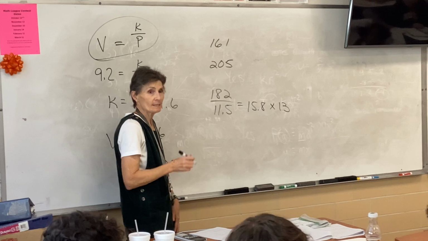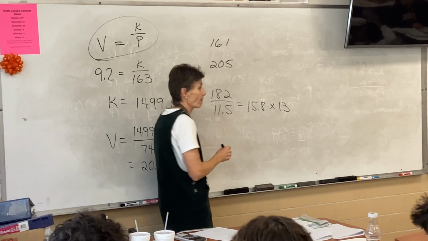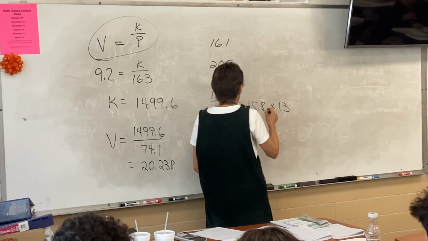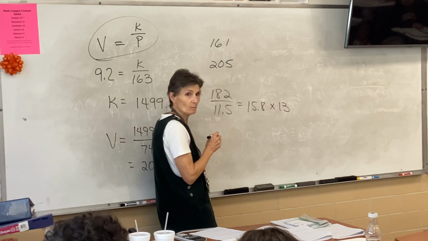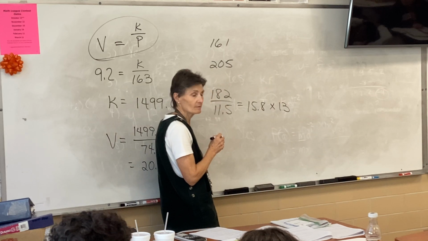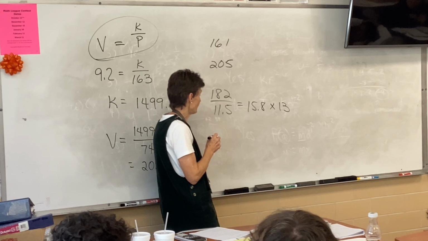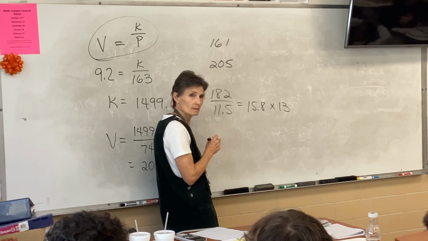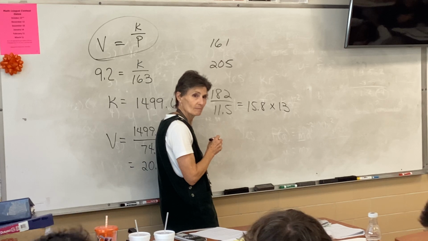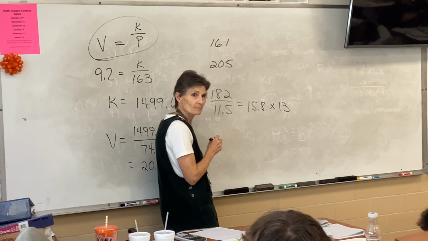Anybody have a different idea? Yep, Grace? I multiplied 182 and 11.5. Okay, and then what? Then we divided 2,093 by 13.